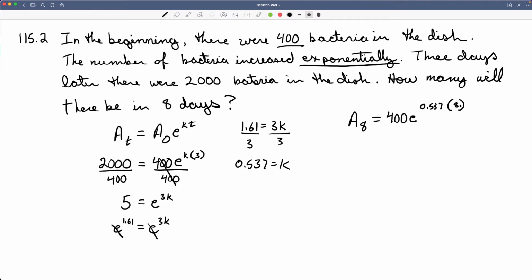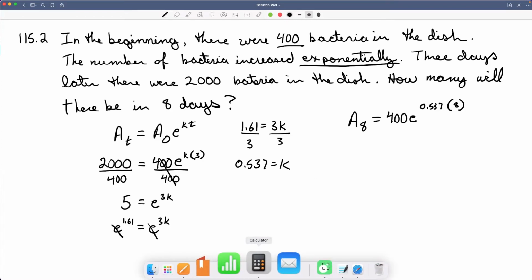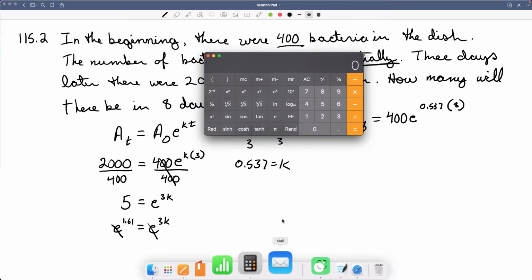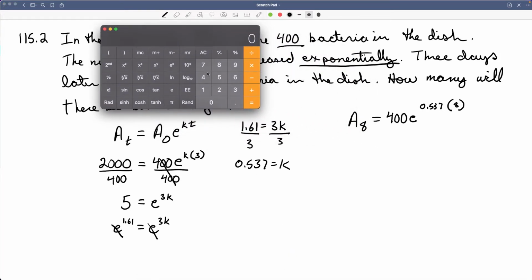These two will match. So we go ahead and do this math. Let me pull up my calculator. All right, clear this. And I say 0.537 times 8. And I get 4.296, which is going to be the exponent here.